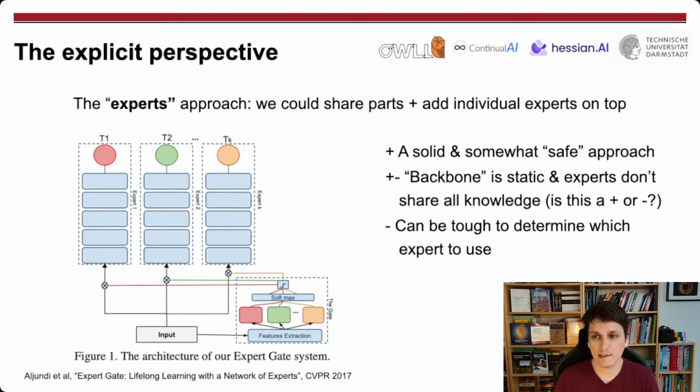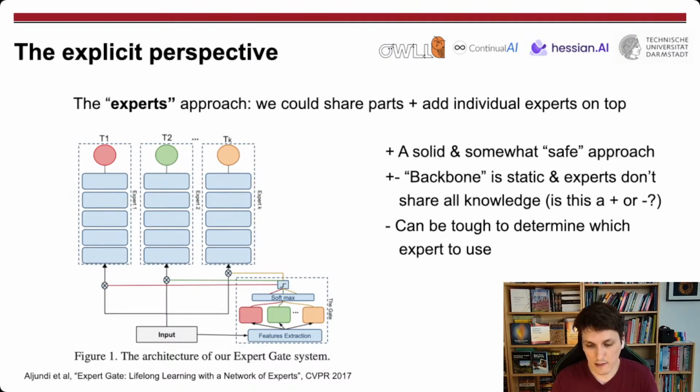So in that sense, on the one hand, it's kind of maybe a stable approach. On the other hand, it's maybe also one where we don't necessarily leverage all the knowledge we could potentially share, with somewhat of a question mark. So I've put it as a maybe plus minus. It's not clear whether it's an advantage or not, because it also depends on the tasks we want to take a look at.